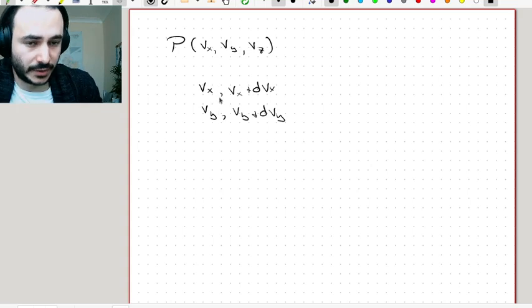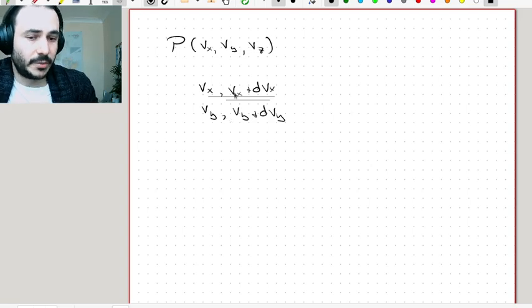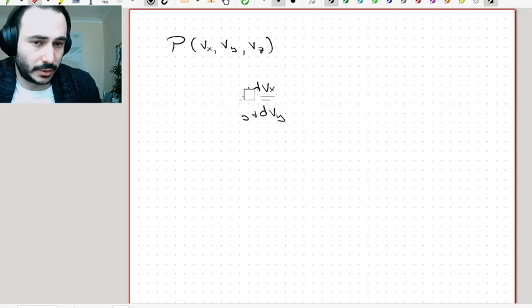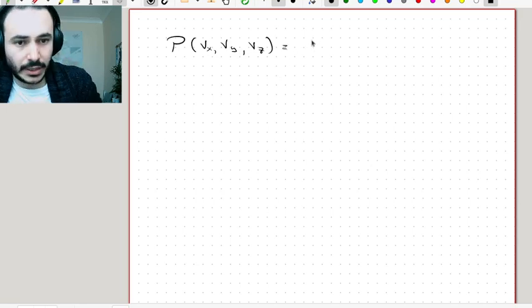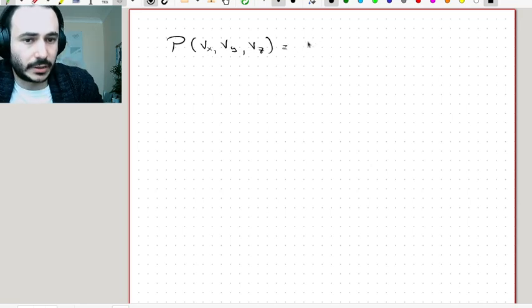So the probability that the velocity in any given component has any value should be independent of the value of the other components. That sounds like a reasonable criterion, and it has a consequence, which is that the probability distribution has to factorize.